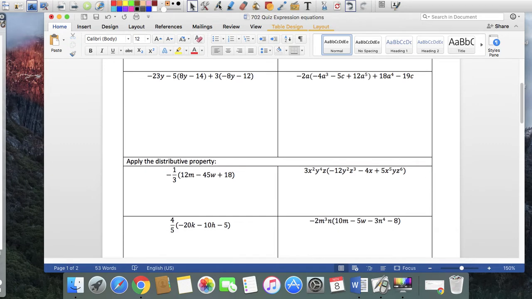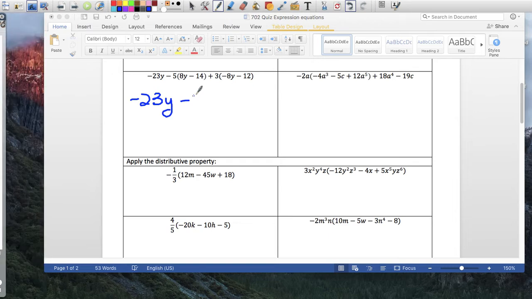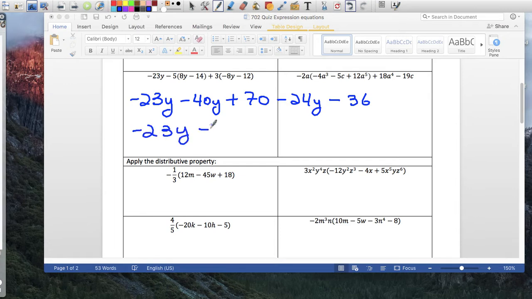This one, ooh, a lot of things happening here. So negative 23y minus 40w plus whatever that is, minus 24y, and then minus 36. Combine like terms, yes, we can combine. Let me put them together. Minus 24y, and then the plus 70 is going to move all the way to the end.